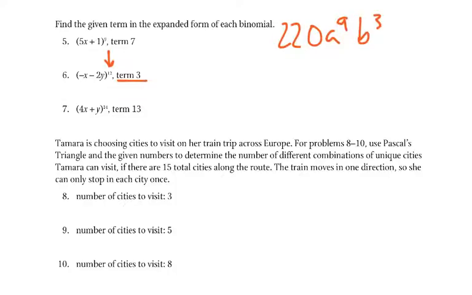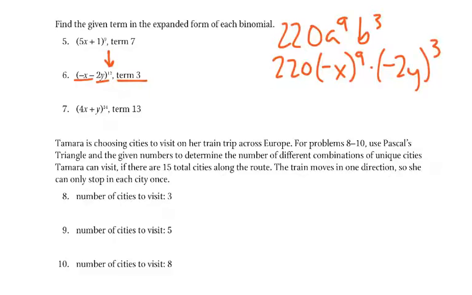So 220, A to the 9th, B to the 3rd. So A is negative x, so 220 times negative x to the 9th times negative 2y to the 3rd. So negative x to the 9th would still be negative, so we have negative 220 x to the 9th times negative 2 to the 3rd, which would be negative 8 y to the 3rd.